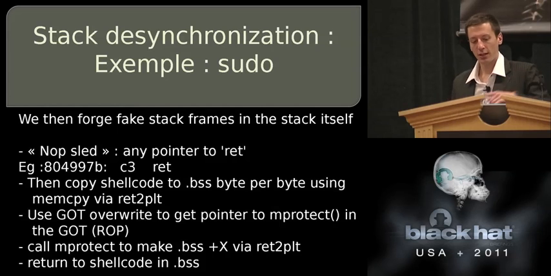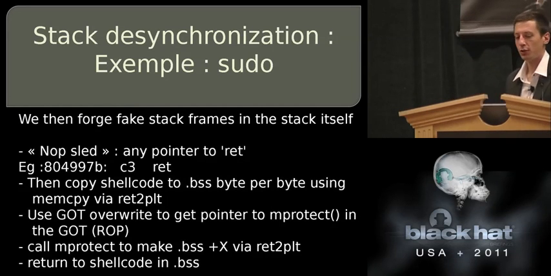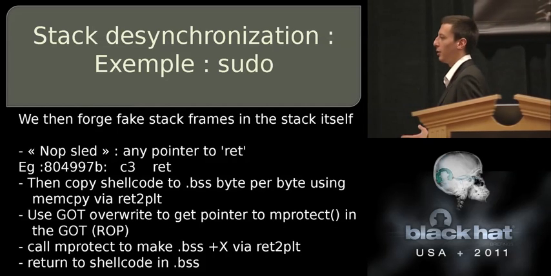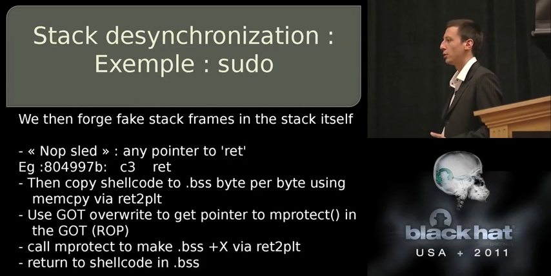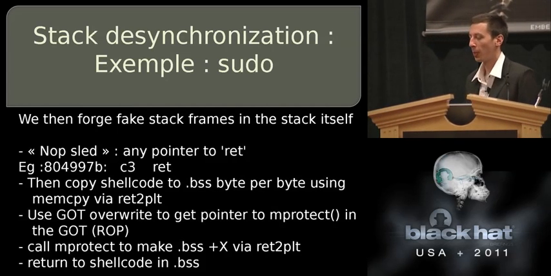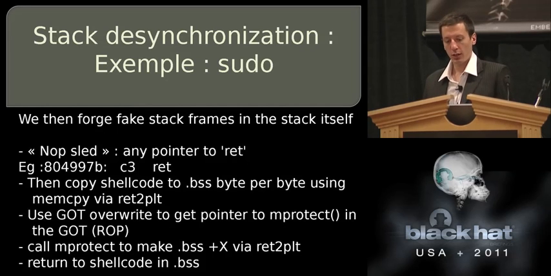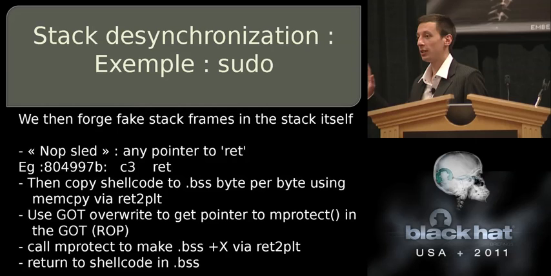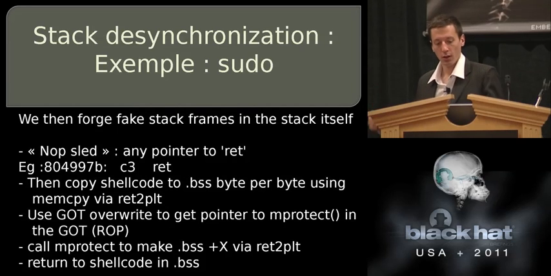You use a pointer to that as your sled. Then the strategy is, for instance, I want to execute arbitrary shellcode, and I'm going to put it in the BSS section because it's writable, and I'm going to turn it into executable. It's worth noticing that the BSS is also not randomized in sudo.